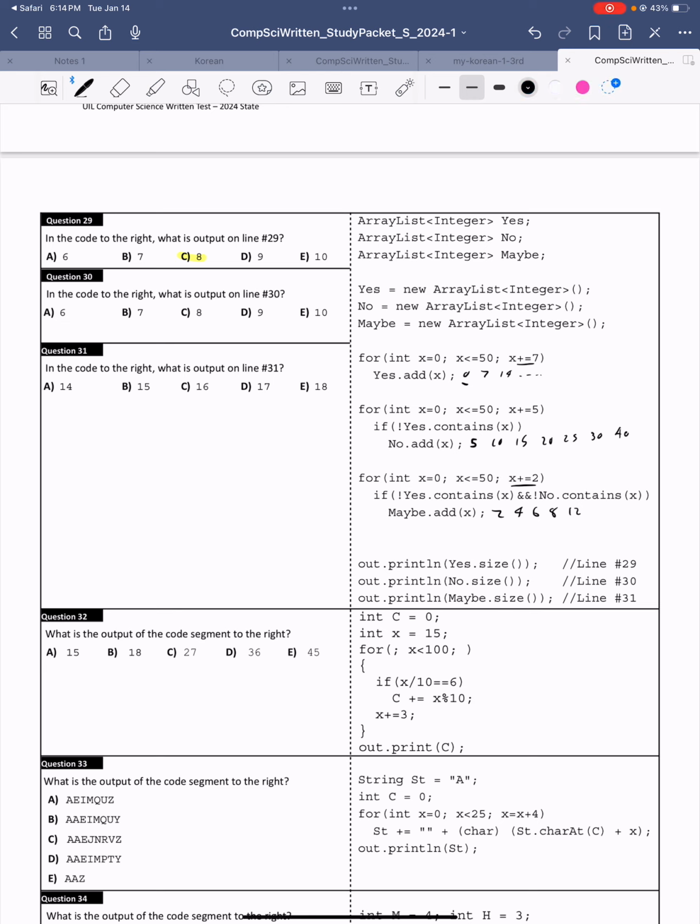And then we look at 30. Again, we want the multiples of 5 from 0 to 50 that are not multiples of 7. So we don't want 0 and 35.